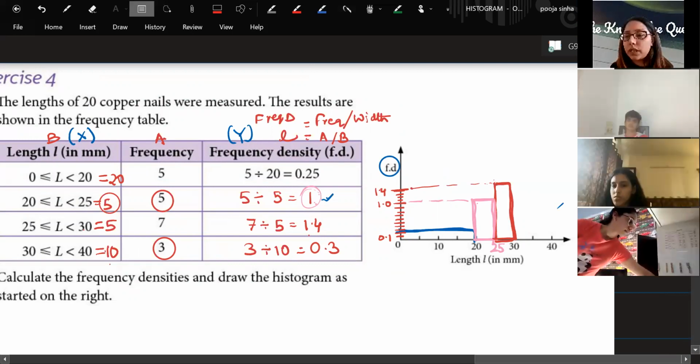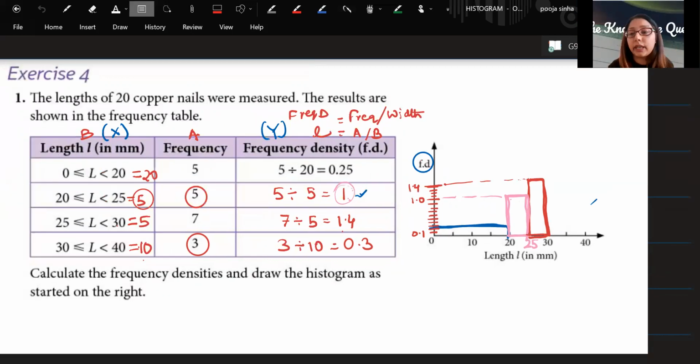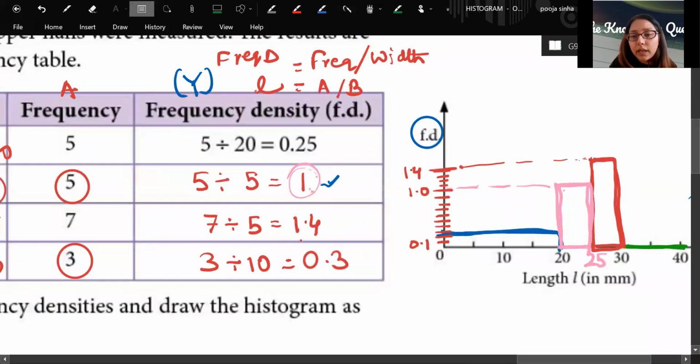Any confusion? No confusions? Okay. Now the last one is 30 to 40, which means the entire next one. And 30 to 40 is here, this to this. And the height has to be only 0.3. Where was 0.3? 0.1, 0.2, 0.3.